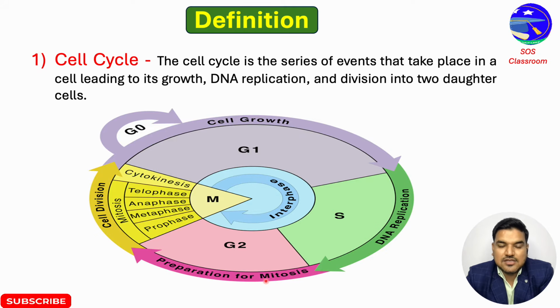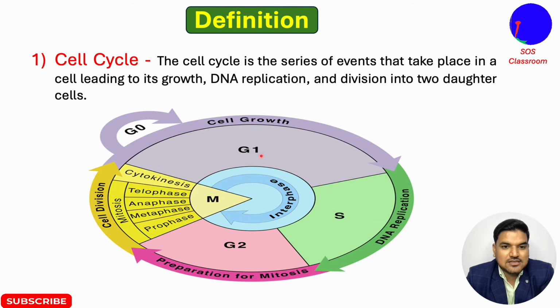completed in the interphase. After the interphase, mitosis and meiosis start. Mitosis occurs all over the body, and meiosis occurs in the gametes, sperm in the males and ovum in the females. We will discuss this in detail. So this is the cell cycle. The cell cycle is divided into two stages, interphase and mitotic phase.